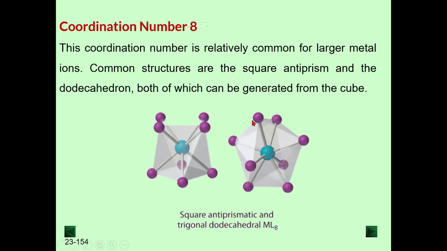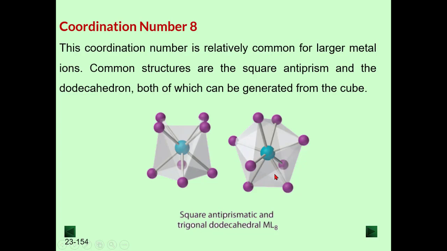As we go further, the structure gets more complex by the addition of more ligands, that is, ML8. So here you have 4 ligands above, 4 ligands below. In this case you have 8 ligands, but in a staggered arrangement. So that is why the structure is a little bit opposite of a prism. That is why it is called square antiprismatic.